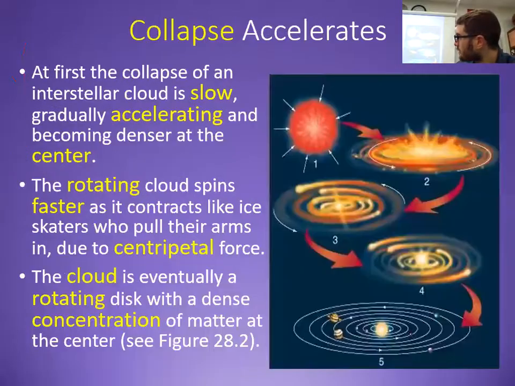Last notes of the day. So as the cloud becomes a disk, it's going to collapse. And when it does, it's going to move faster and faster, and it's going to push everything to the middle of that disk.